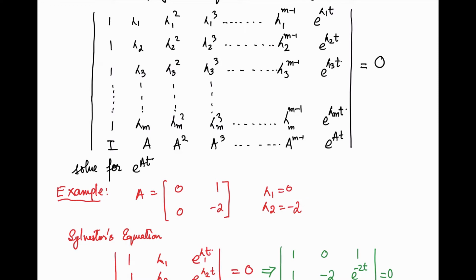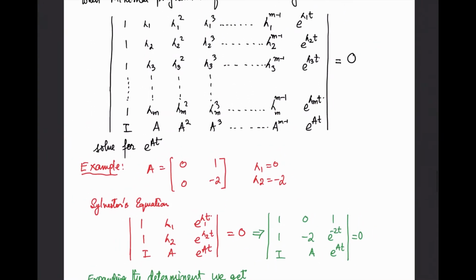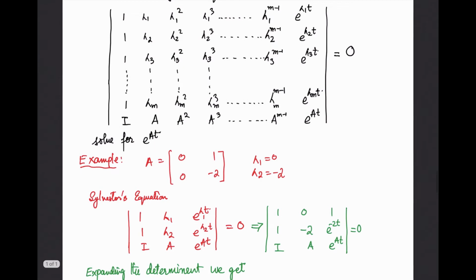So using these, you can write down the Sylvester equation. So let's look at this one. I'm going to reduce the size. Okay, so from this equation, the first row will be equal to 1, lambda 1, lambda 1 square, lambda 1 cube and so on.